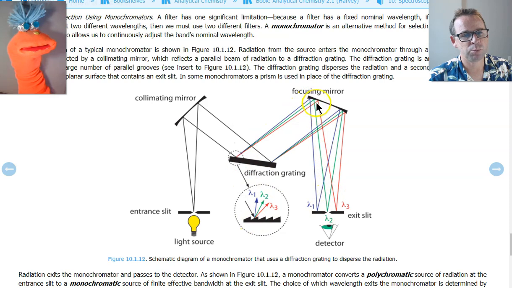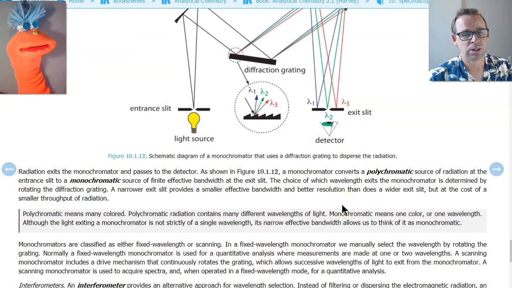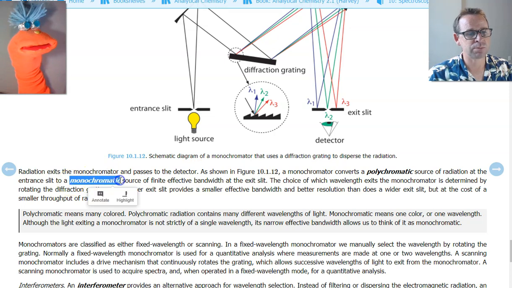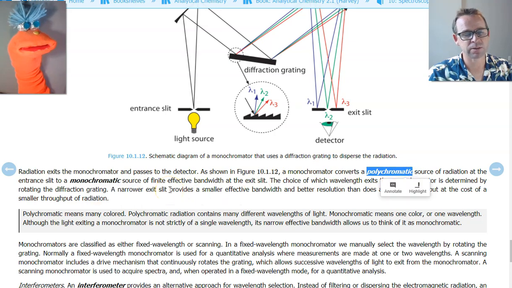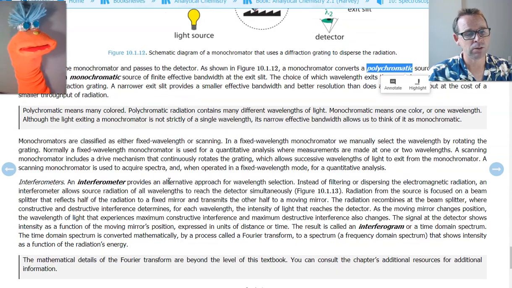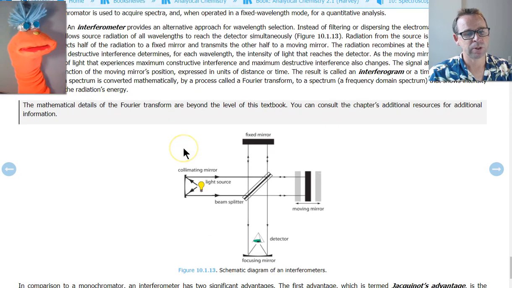And you can then slightly bend this mirror, or bend the diffraction grating, or move this back and forth, and select the specific wavelength that you're interested in providing to your sample. Monochromatic source, meaning we're going to have a short wavelength range, or a single wavelength. Polychromatic source of radiation, right? Lots of wavelengths can be absorbed at once in one sample. Okay.